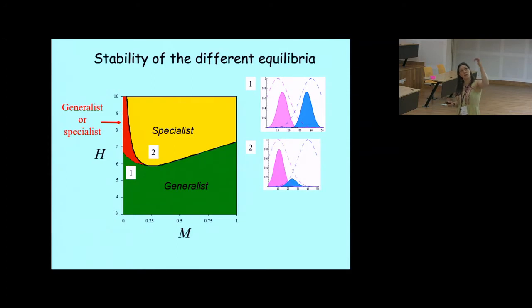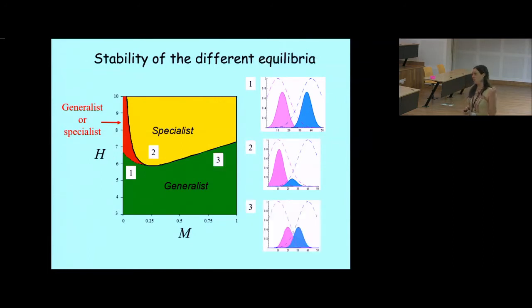If you increase the migration rate more, I end up in this area where only the specialist equilibrium is stable, so you have specialization on only one habitat. It could be one or the other, depending on where you started from with a larger population initially. But you cannot maintain adaptation to both habitats at the same time. So you lose completely adaptation on the second habitat.